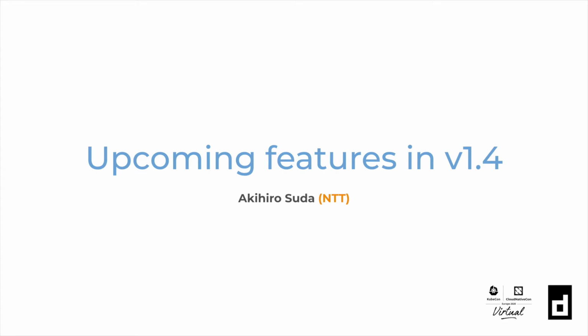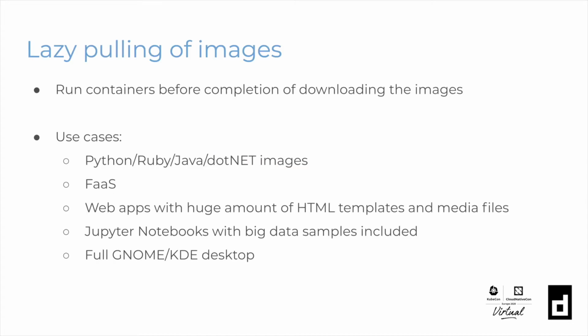The next topic is about the upcoming features in containerd 1.4, which is to be released this month. Containerd 1.4 comes with support for lazy pulling of images, which means running containers before completion of downloading the images from the registry.